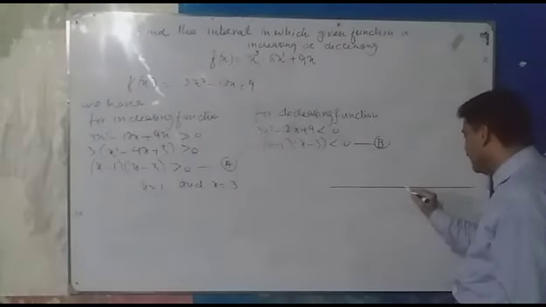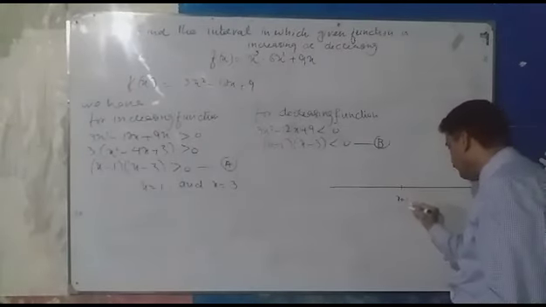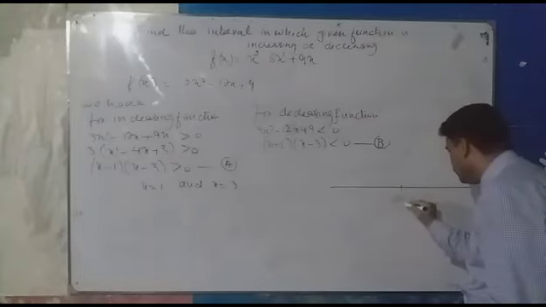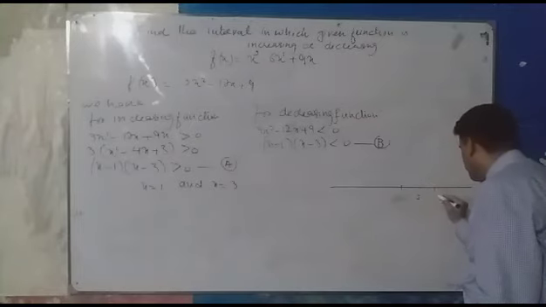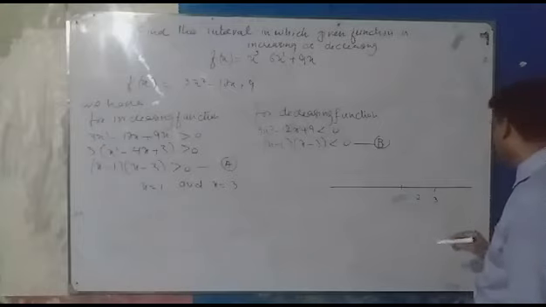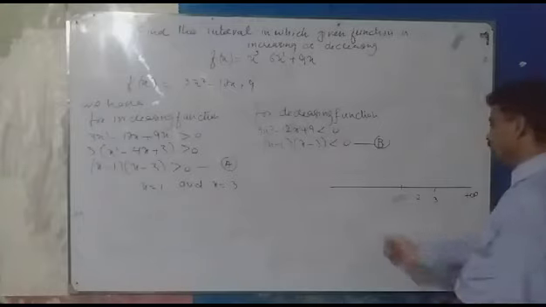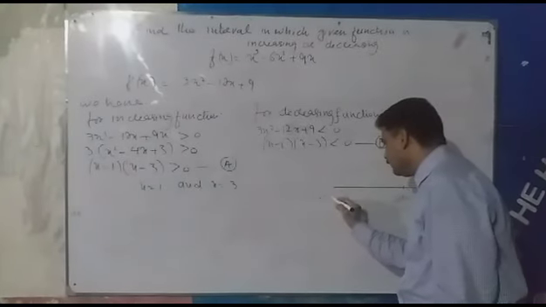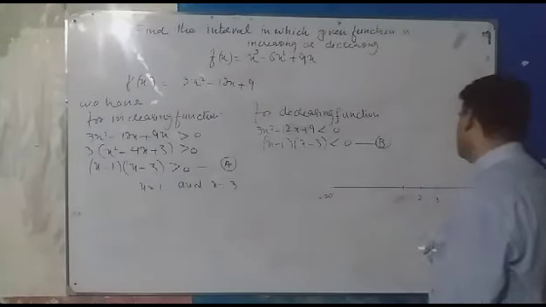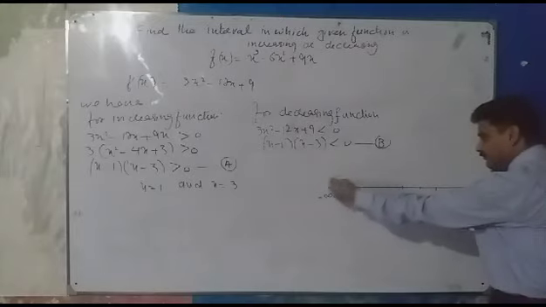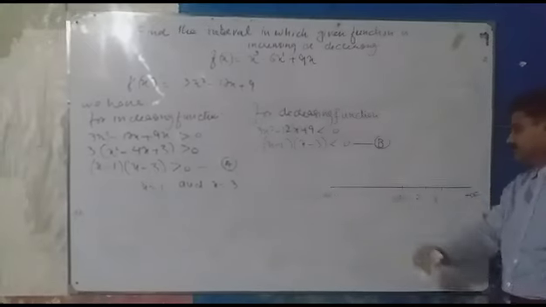We take here x is equal to 1, 2, 3 and so on up to plus infinity. Here we take minus infinity and the values which are less than 1 up to minus infinity.